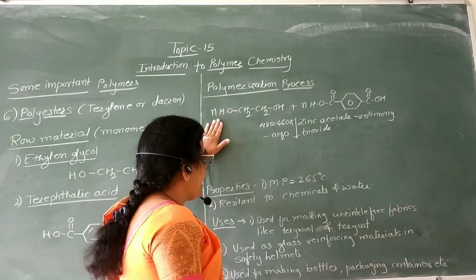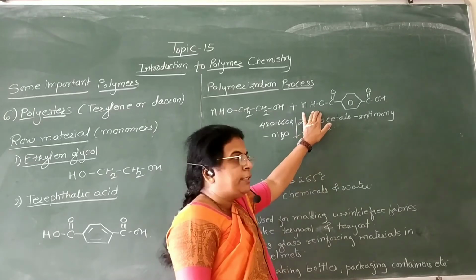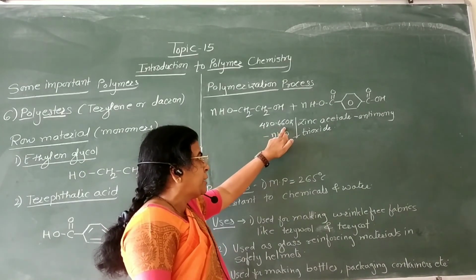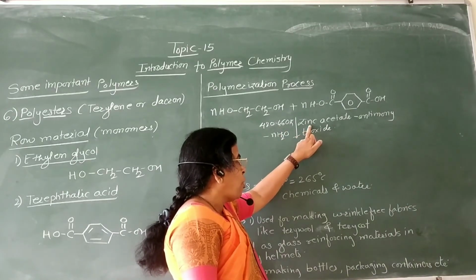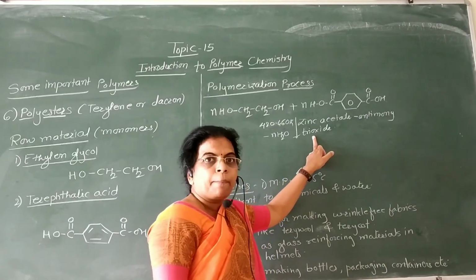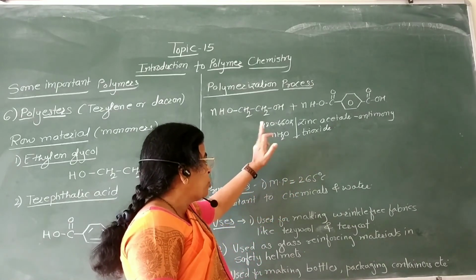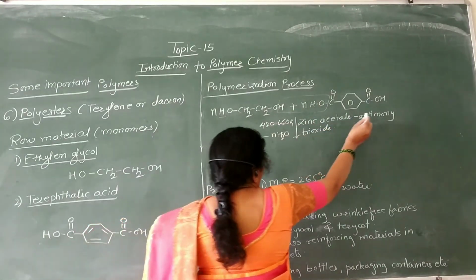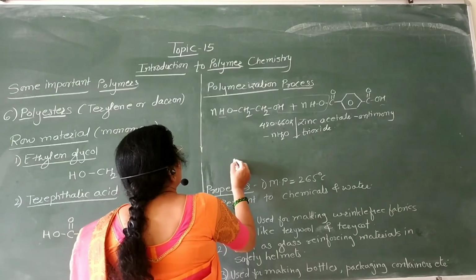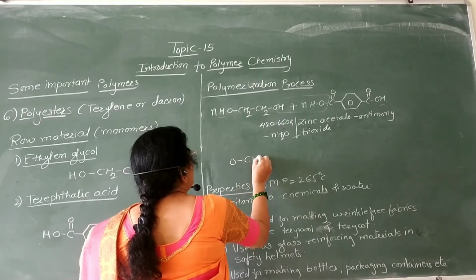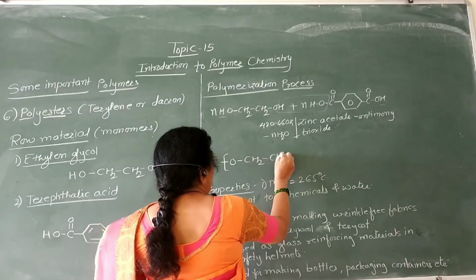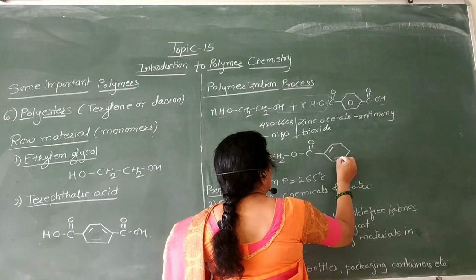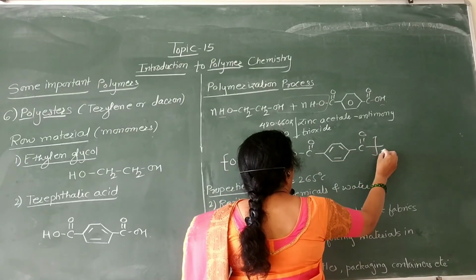When n molecules of ethylene glycol and n molecules of terephthalic acid are heated at about 420 to 460 Kelvin under pressure in the presence of zinc acetate antimony trioxide catalyst, removal of n molecules of H2O takes place, to form O, CH2, CH2, O, CO, benzene ring, CO, n times.